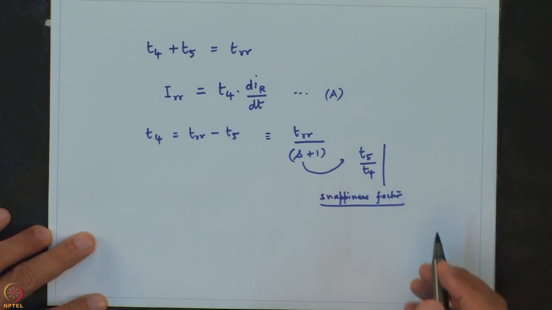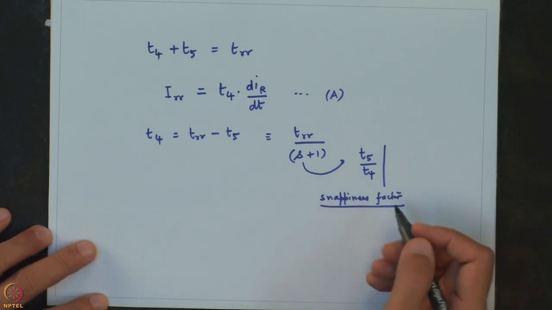Usually T5 is much less than T4, and we say that such a diode is a snappy diode, which can really turn off fast. But if you want T5 to be comparable to T4, then we get what are called non-snappy diodes, also called soft recovery diodes.